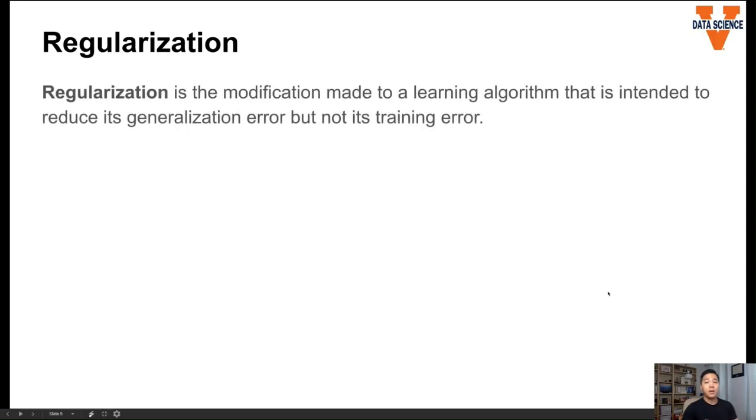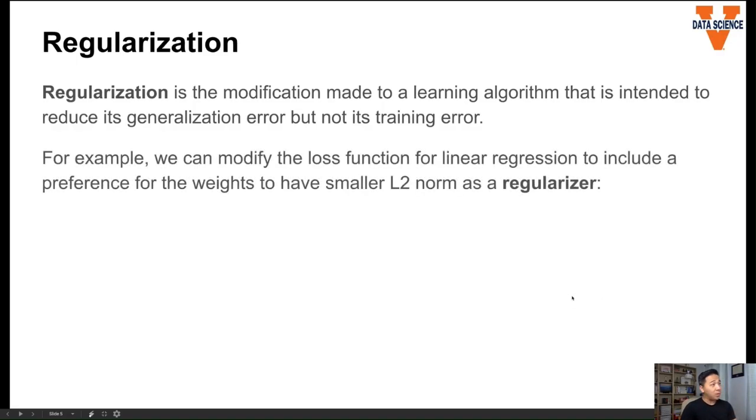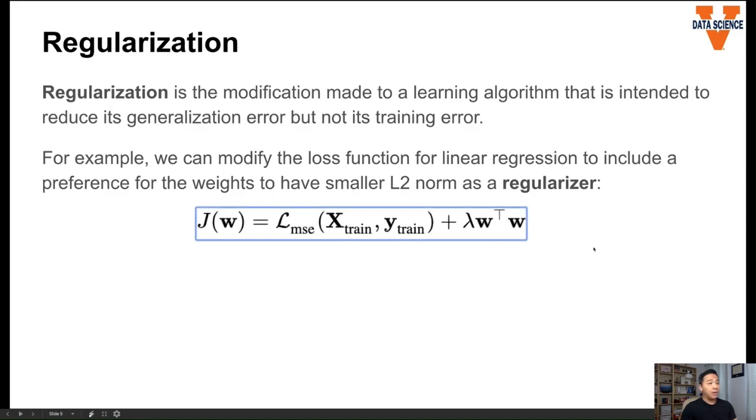So where does regularization come in? Regularization comes in when you want to modify your learning algorithm to reduce the generalization error, but not the training error, or if it affects the training error, only minimally. For example, in linear regression, we can modify the loss function to prefer weights with a smaller L2 norm, and we can use that as the regularizer.